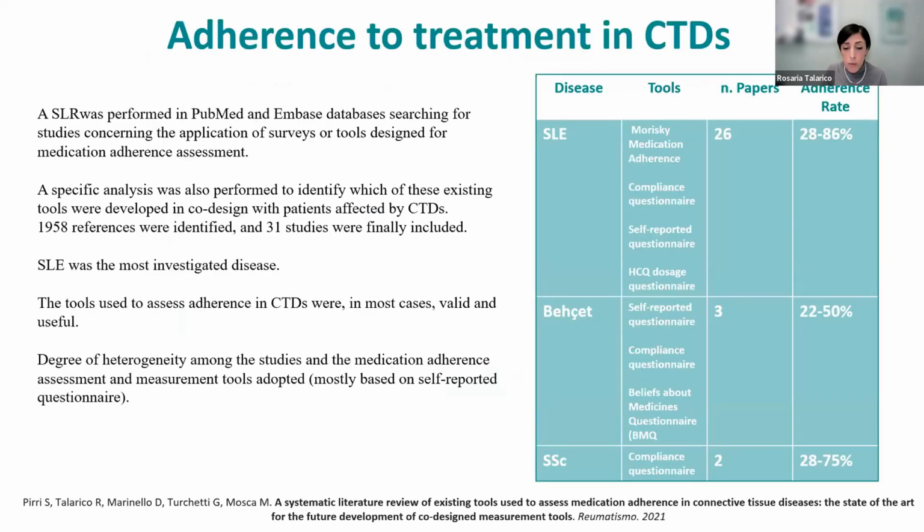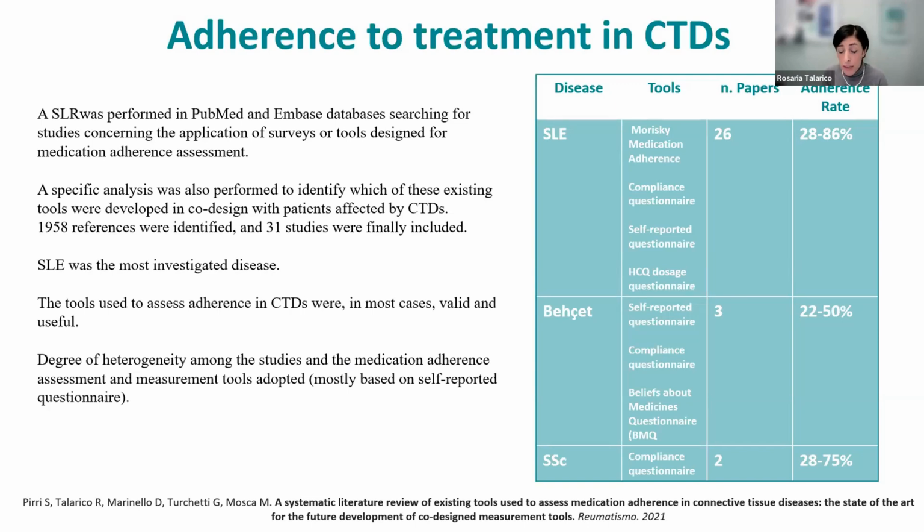Some years ago, our group tried to explore the literature data regarding the tools that all the studies adopted and used to explore adherence to treatment. Our question was, which kind of tools are researchers using to explore adherence to treatment?